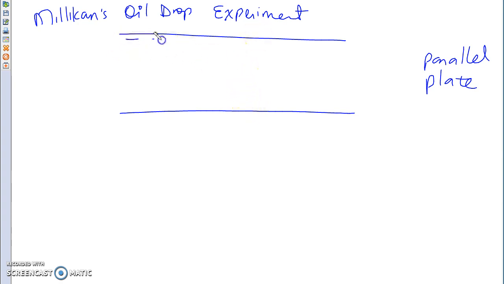So imagine if I have a negative charge on the top and a positive charge at the bottom. Okay, and if my charge was a positive charge right here, of course you'll have Fg, which is pulling it down, and Fe, which is pulling it upward.